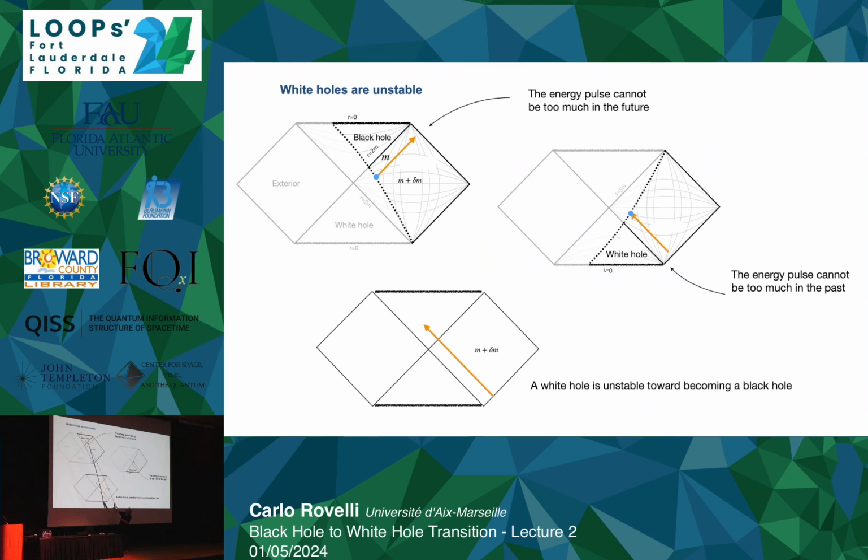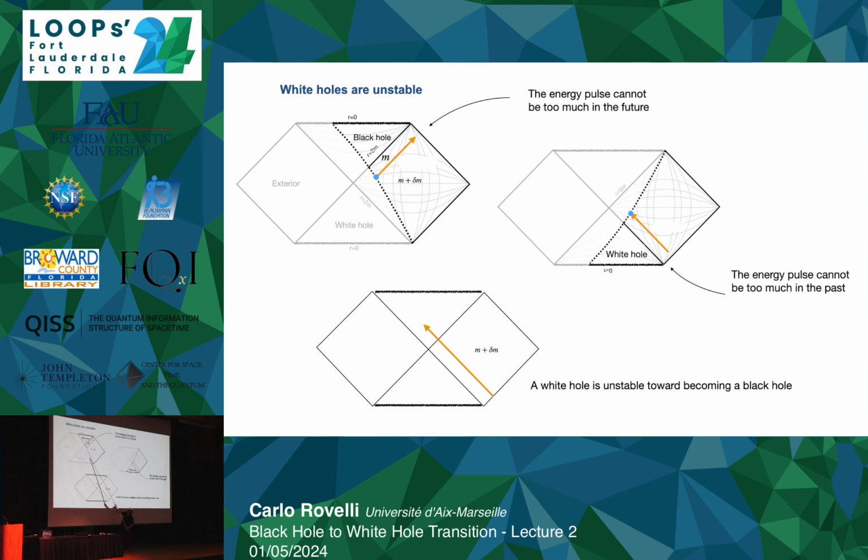And fix the energy, delta m, of this photon emitted. So here is Schwarzschild m plus delta m, and here after the photon is Schwarzschild m, and then the radius is r equal to 2m. And at some point, this guy emits the radiation and it goes out.